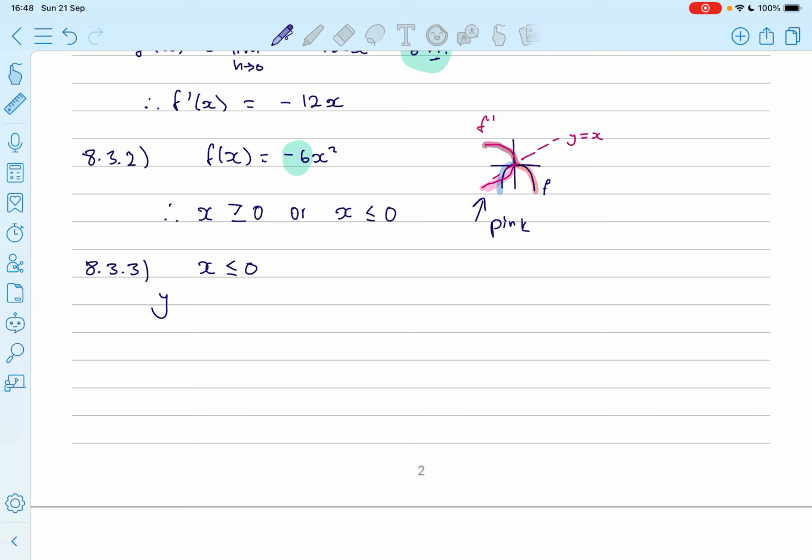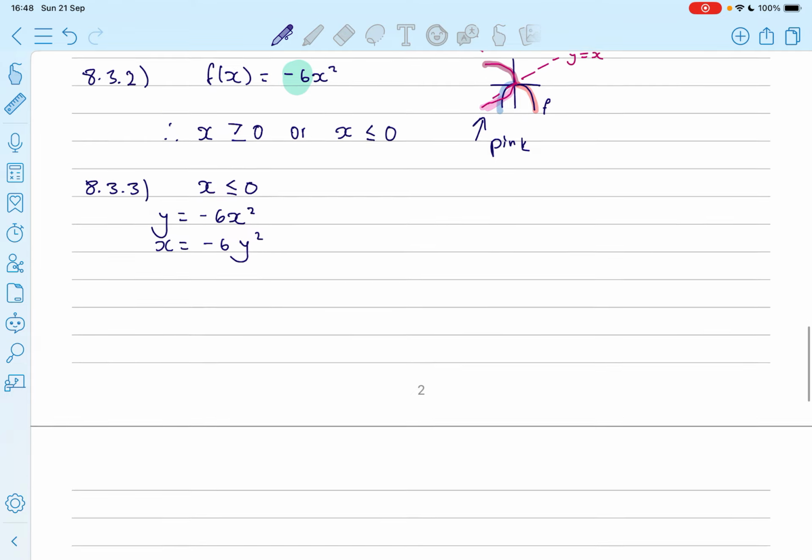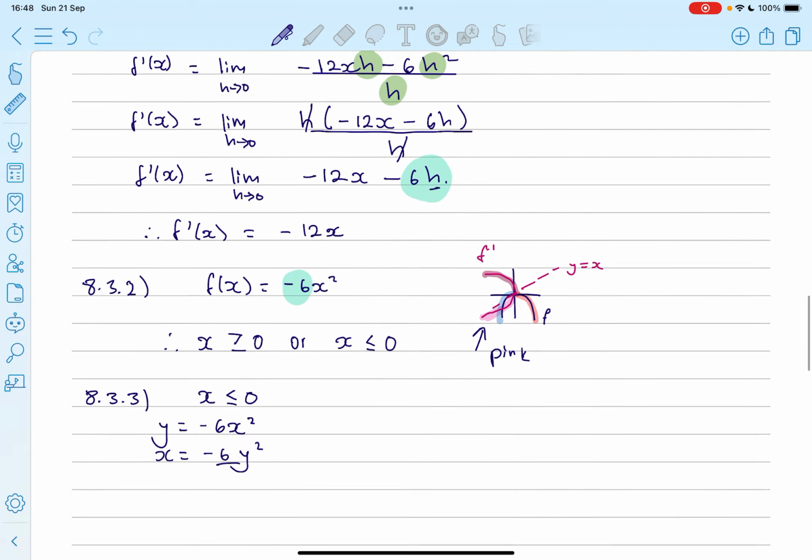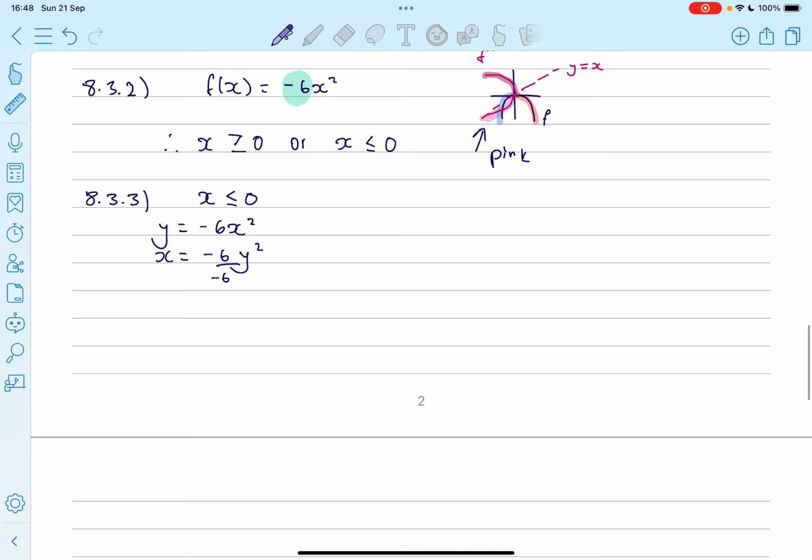So we start with the equation of y is equal to negative 6x squared. We swap our x and y's, so we now have x equals negative 6y squared. And now we want to solve for y. So divide both sides by negative 6. This cancels. Now we are left with y squared is equal to x over negative 6.